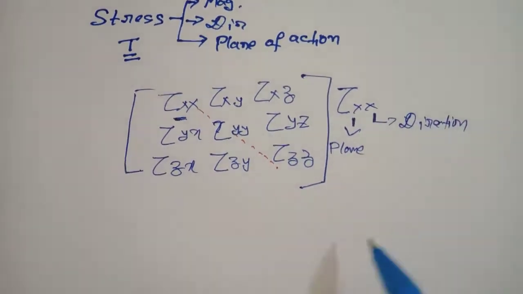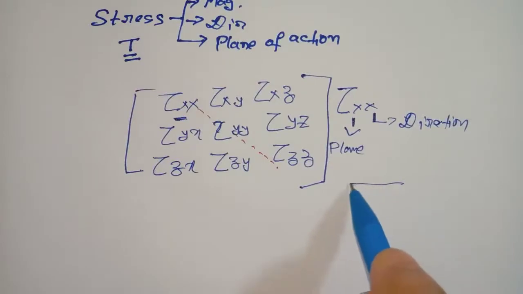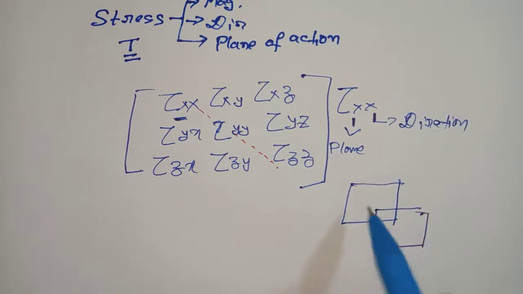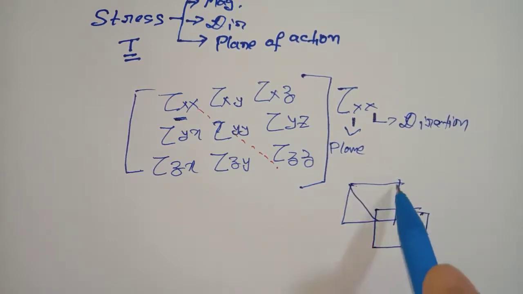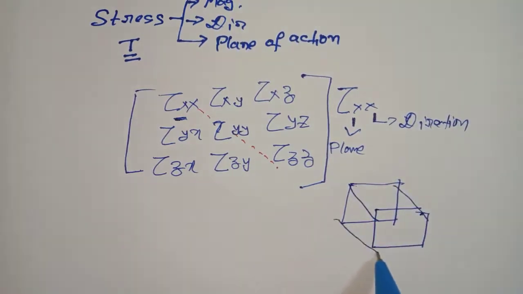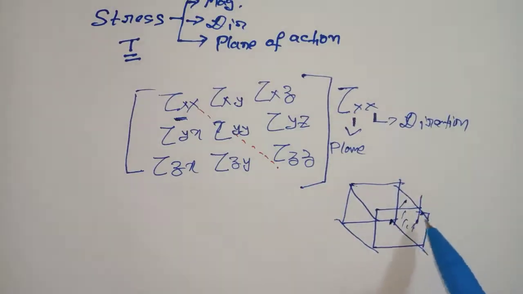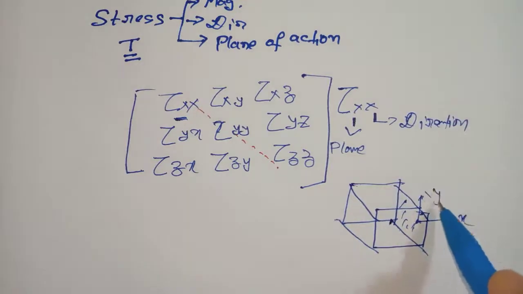For example, if I quickly draw a cube over here, just to give you a basic idea. This part of the cube has x, y and z.